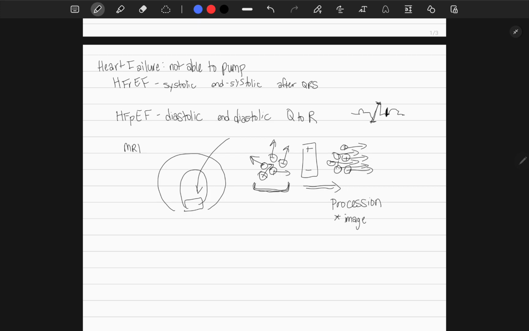So what we can do is attach an EKG while you're doing a short axis view in the MRI machine, so that it will automatically take it once that point of interest is happening on the ECG.